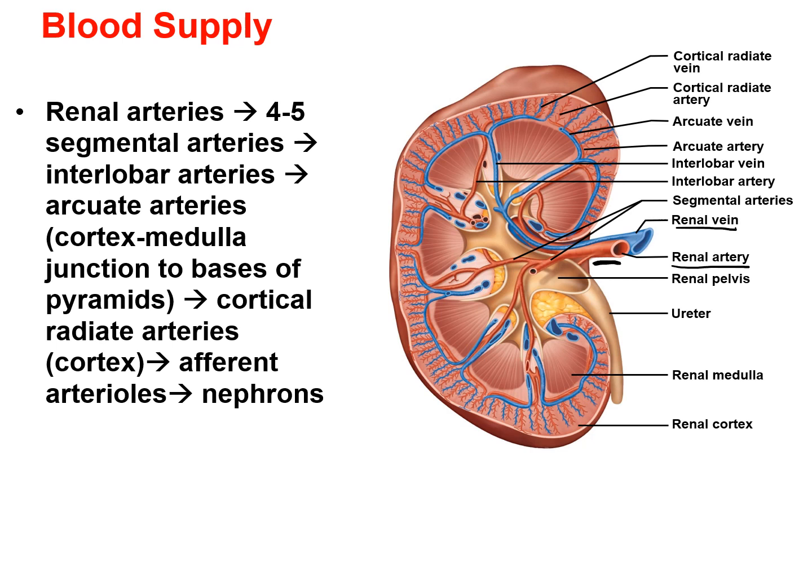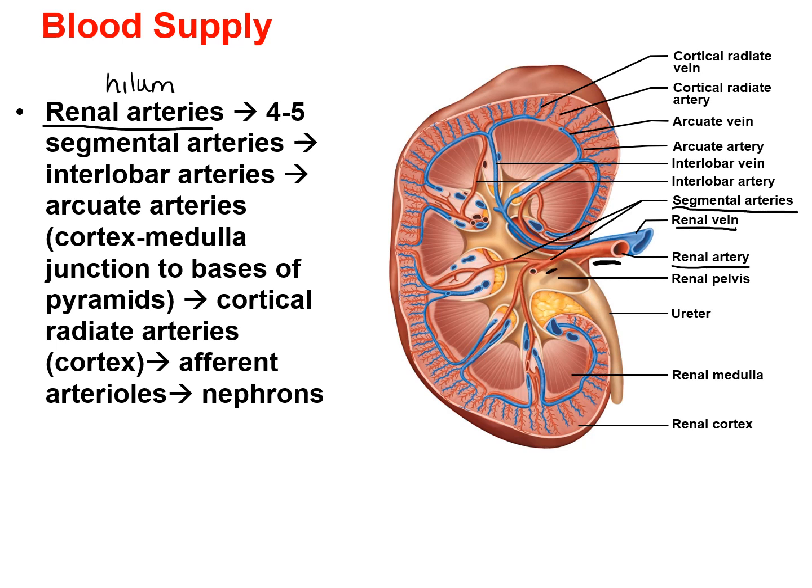But anyway, your renal arteries are going to enter into the hilum of your kidney. So you're going to find them at that space with your renal vein and the ureter on the medial side of the kidney. Shortly after entering into the hilum of your kidney, your renal artery is going to branch to form 4 or 5 segmental arteries. So they're showing you 2 segmental arteries here.